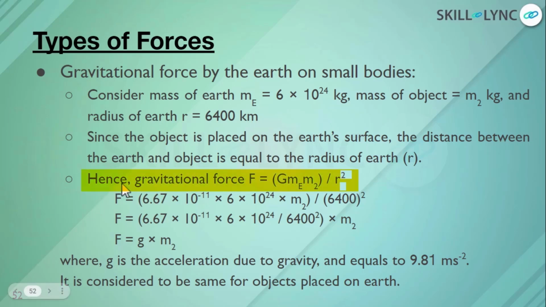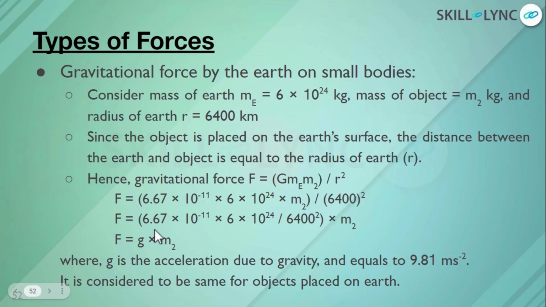Hence, the gravitational force can be written as F equals G me into m2 upon r square. Here me is the mass of Earth and G is the universal gravitational constant. m2 is the mass of the object.